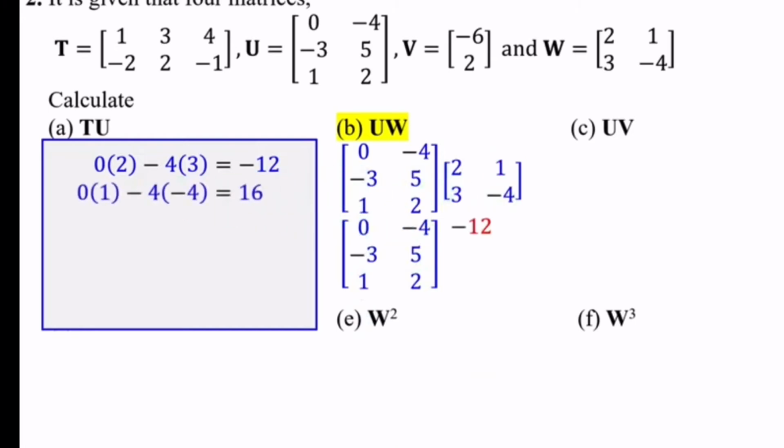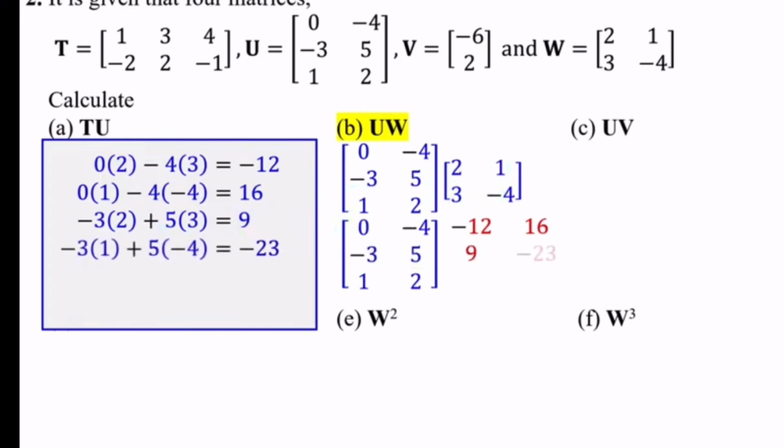Followed by 0 times 1 plus negative 4 times negative 4. And then we have negative 3 times 2 plus 5 times 3, which is 9. Okay, finally we have negative 3 times 1 plus 5 times negative 4, which is negative 23.